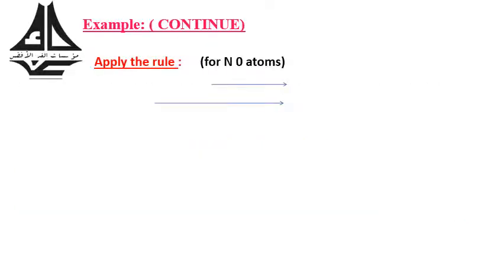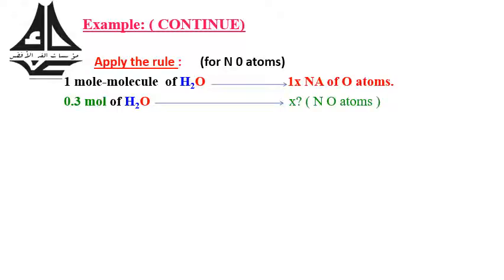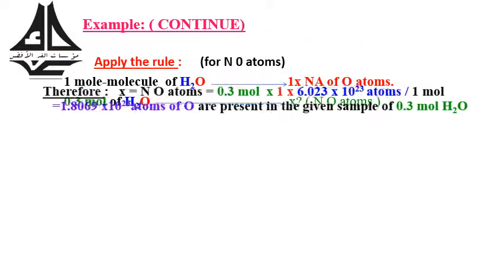Now for the number of O atom in this given sample, we apply the rule where we have 1 mole molecule of H2O contains 1 times Na O atom. So the given sample, 0.3 mole of H2O, how much O atom would it contain? The number of atom is capital N, as we have said.